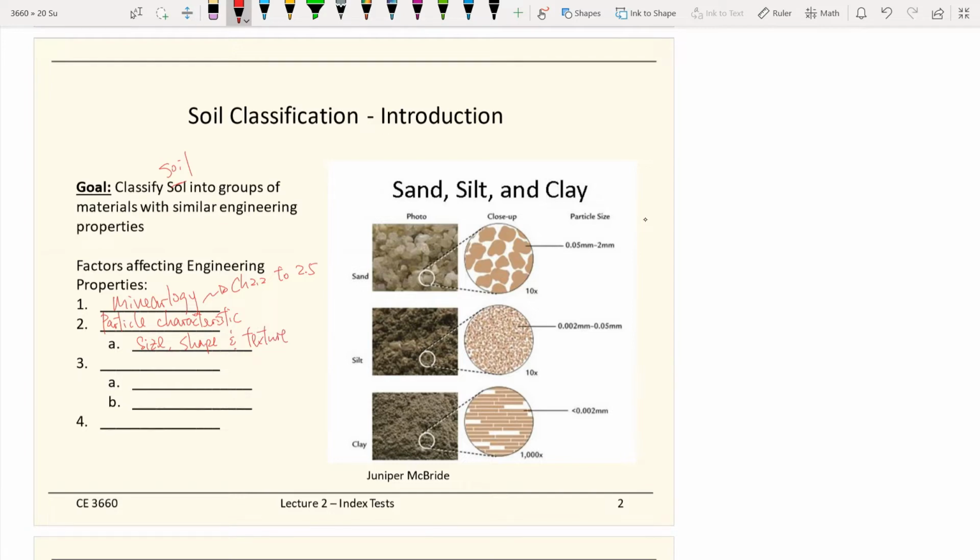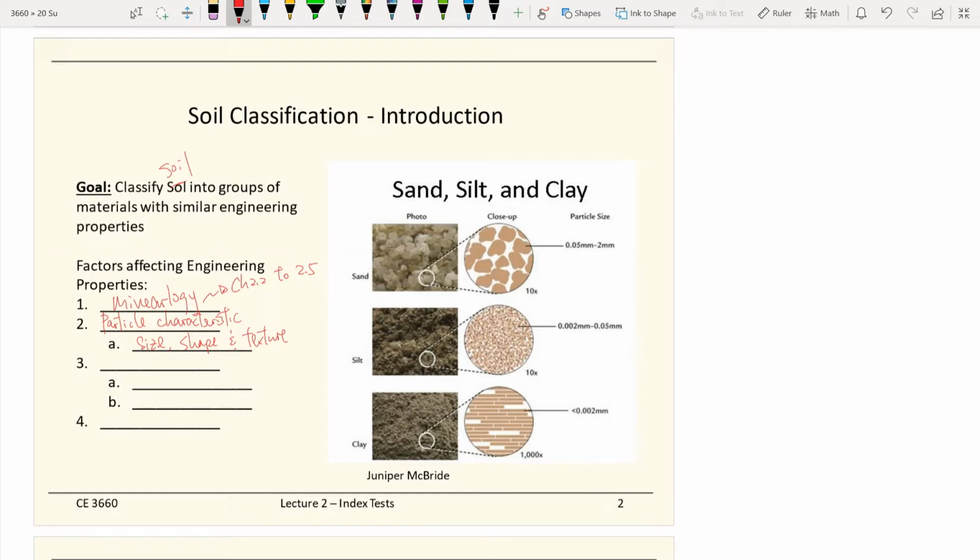Knowing the size of different particles is very straightforward. If you know the different sizes of particles, it will help you classify them, so you can draw the boundary. Whatever is larger than this or smaller than this size belongs to different groups. And you can also do it for the shape and the texture.